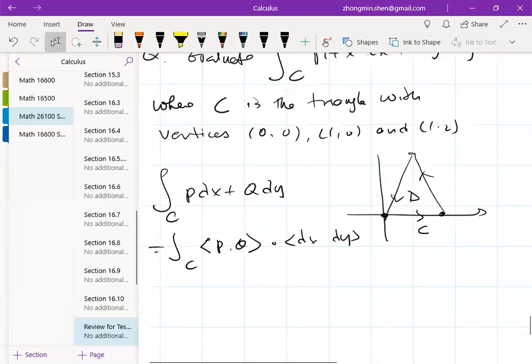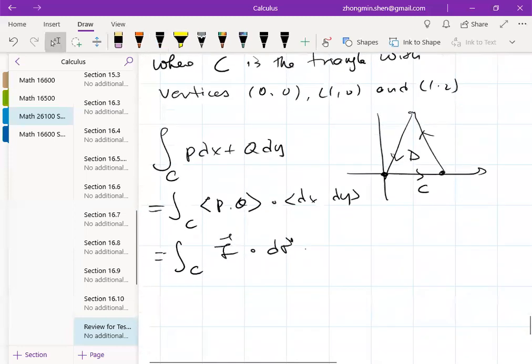So by Green's theorem, this is going to be the double integral of (Qx minus Py) dA. We change it to a double integral.